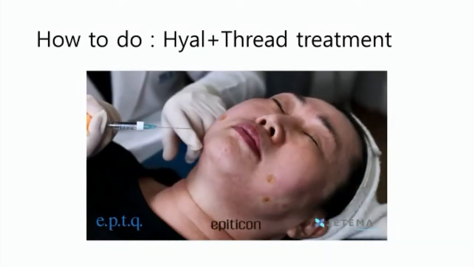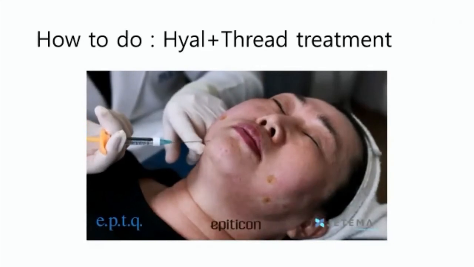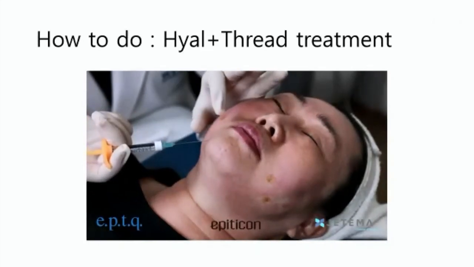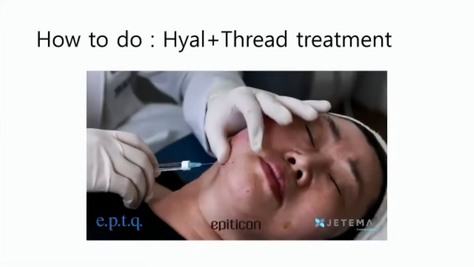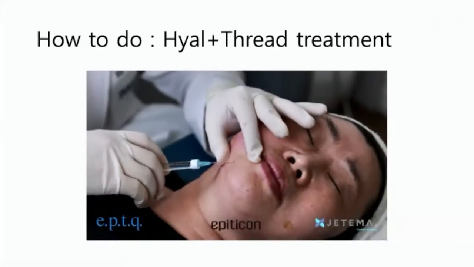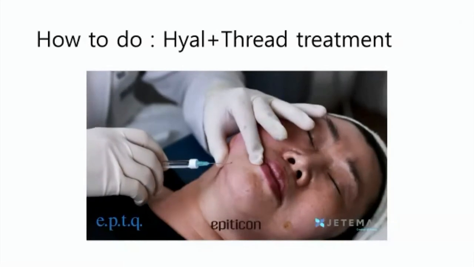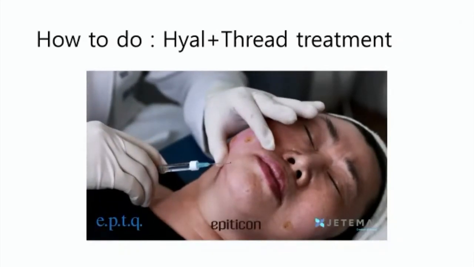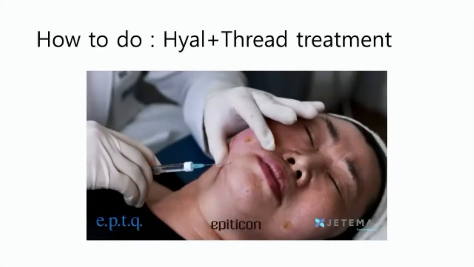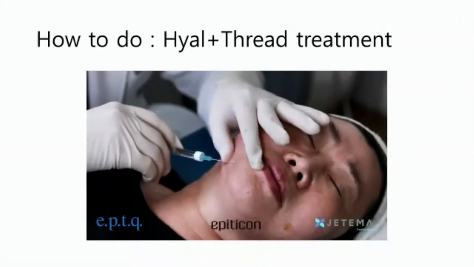And in these video clips, this part shows the filler injection for the marionette lines after PDO thread treatment. As you can see, I use the cannula for this procedure because in this area, especially, a lot of arteries run under the skin.